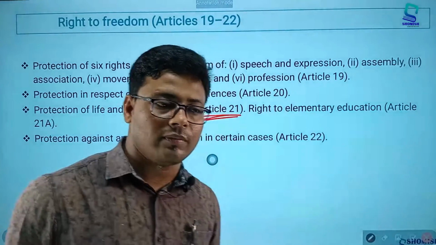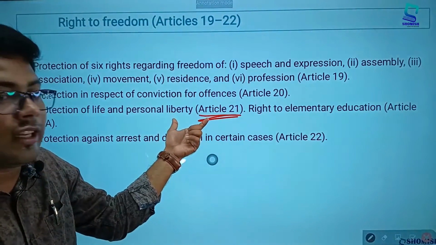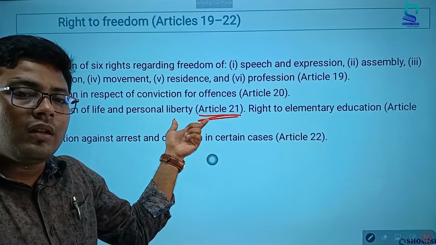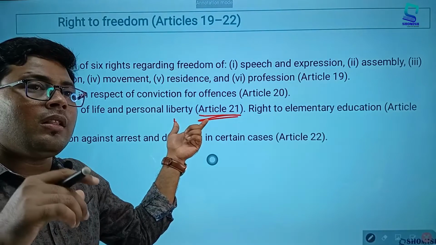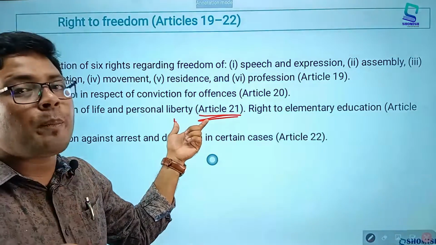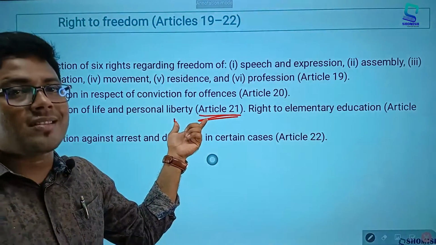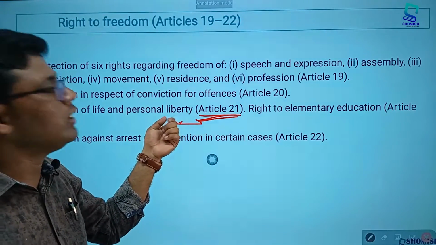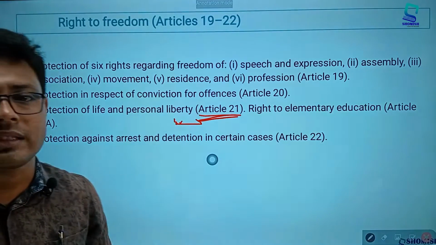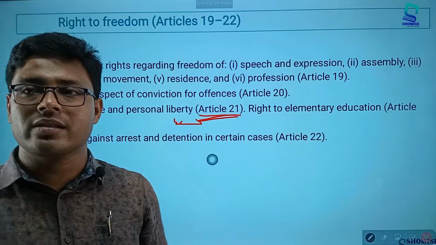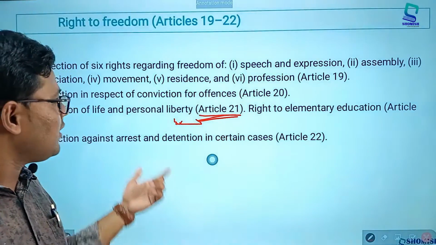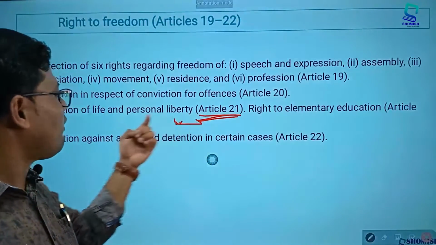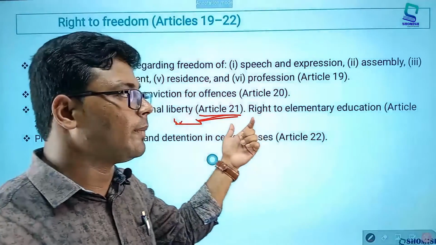In this right, many fundamental aspects are included in the Indian Constitution, such as right to environment, right to health, right to privacy, all of which come under right to life and personal liberty.